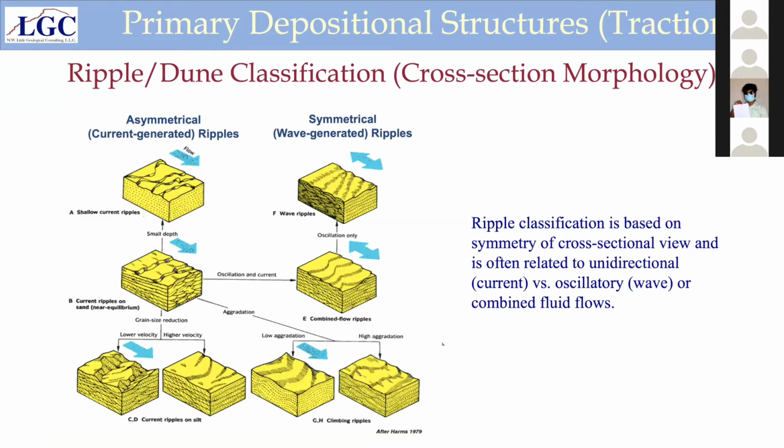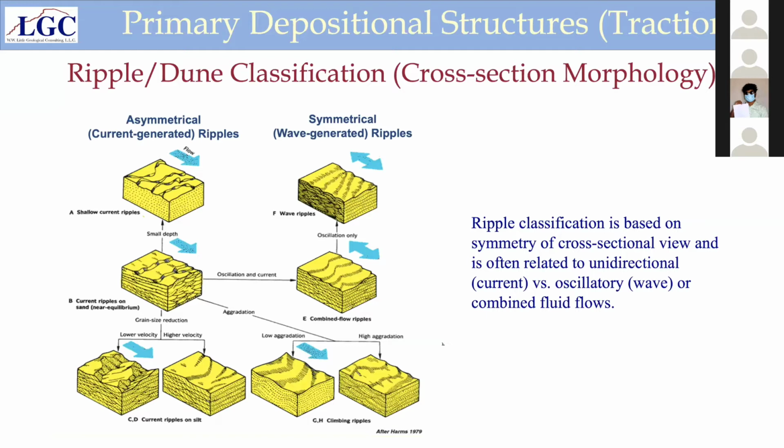Another way that we will classify ripples is on their cross-section morphology. Primarily, are the ripples asymmetrical or are they symmetrical? So on the left are asymmetrical ripples, and it's going through a variety.